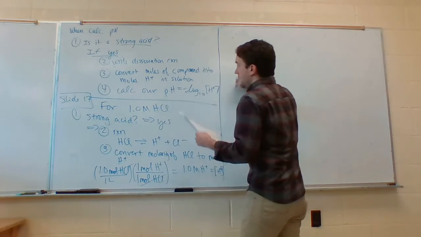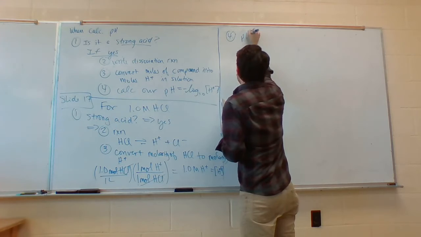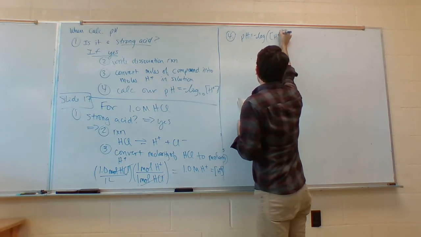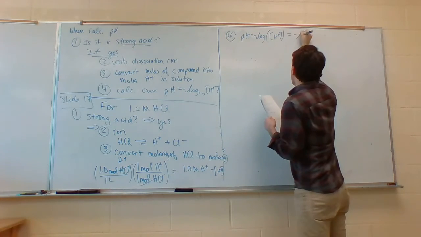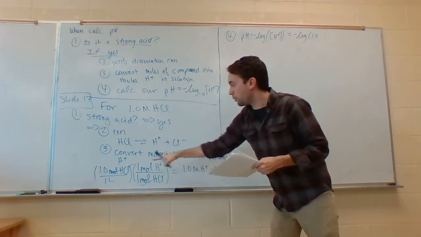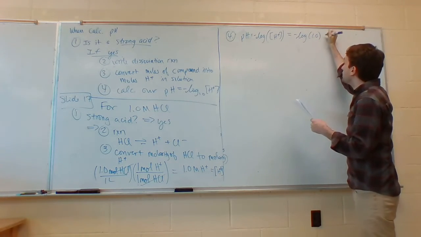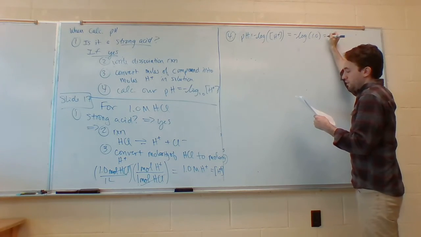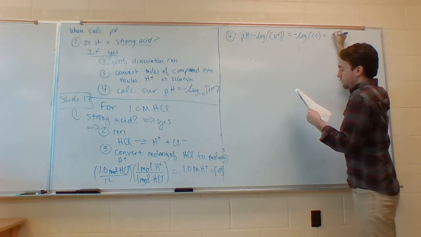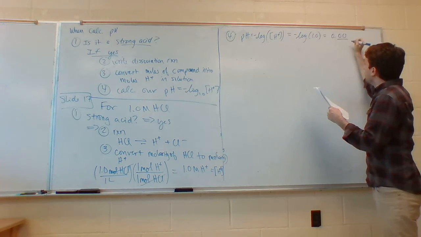Our next step, step 4, is to use our equation, which was pH is equal to the negative log base 10 of our concentration of H plus, right? So that's going to be the negative log base 10 of 1.0. We have 2 sig figs here, so we will have 2 decimal places outside, so this will give us 0.00, right?